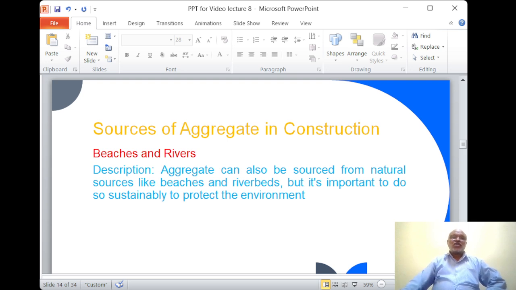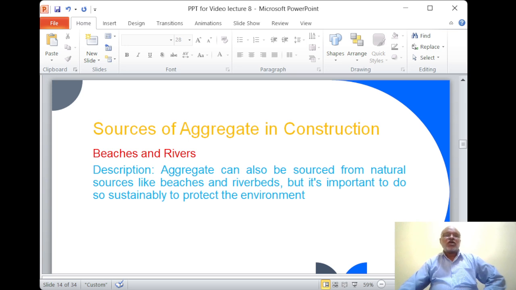From quarries to recycled materials, there are various sources of aggregates that play a crucial role in the construction industry. By understanding where aggregate comes from, we can better appreciate the importance of sustainable sourcing practice in construction.